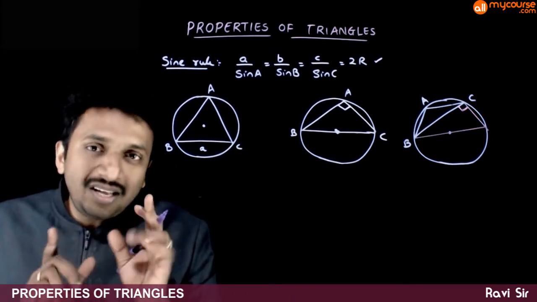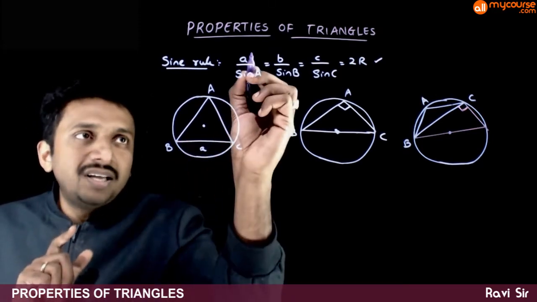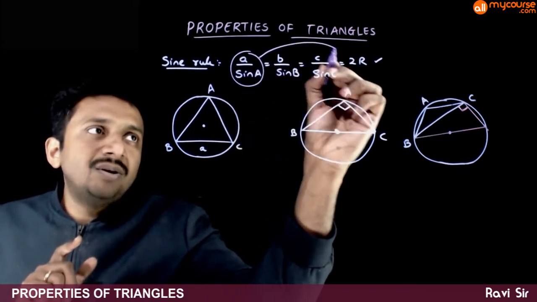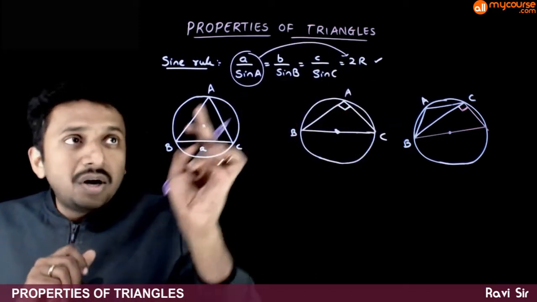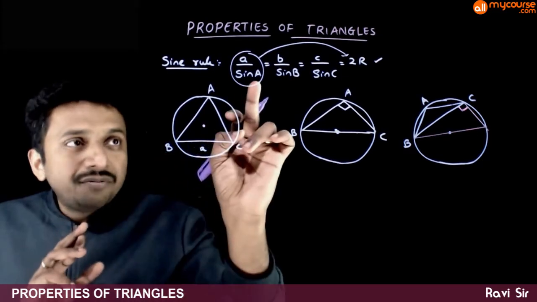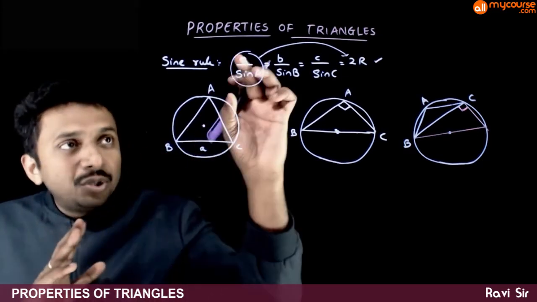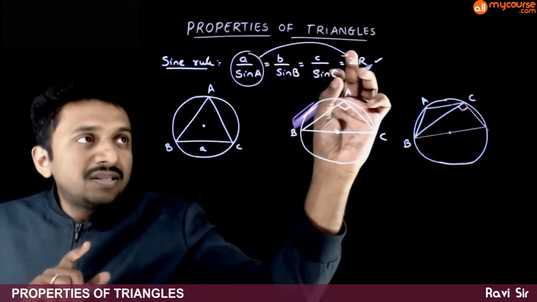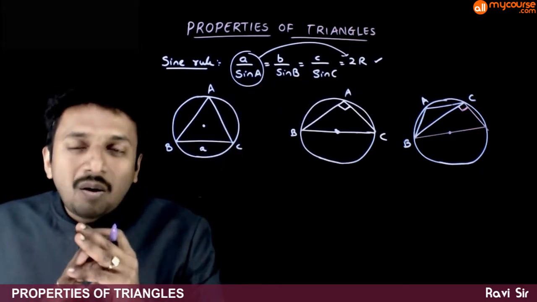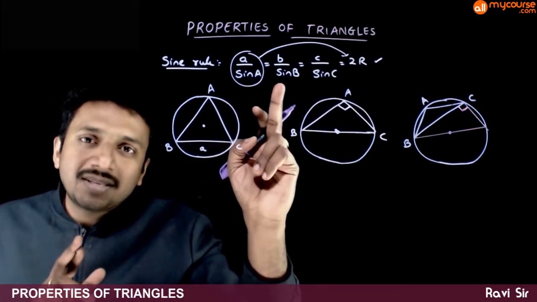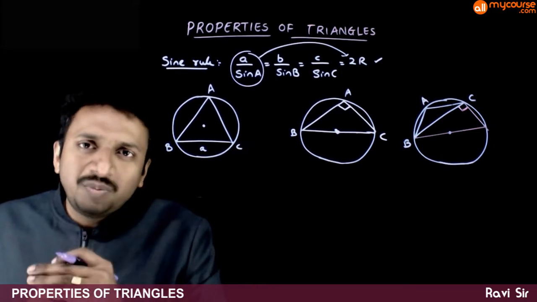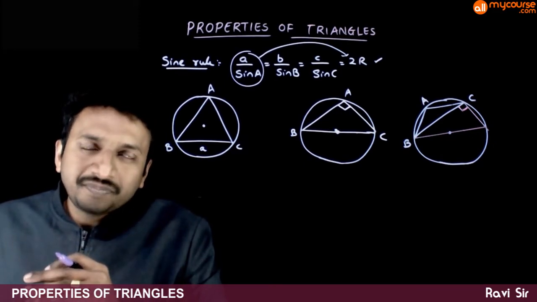And in these 3 cases, let us prove that a by sine A is equal to 2R. Whatever may be the nature of the angle A, if you show that a by sine A is always equal to a constant 2R, obviously by symmetry, b by sine B and c by sine C will also be equal to 2R.